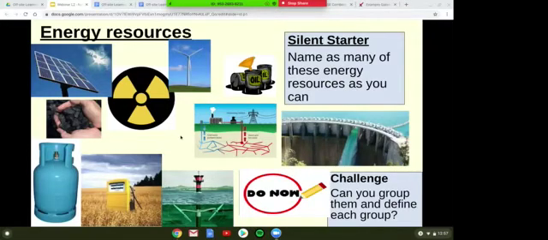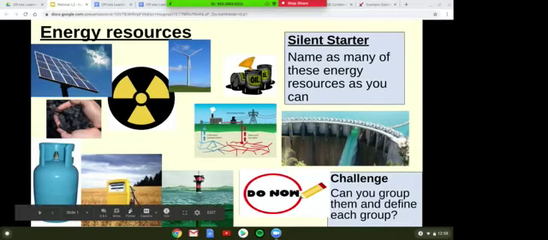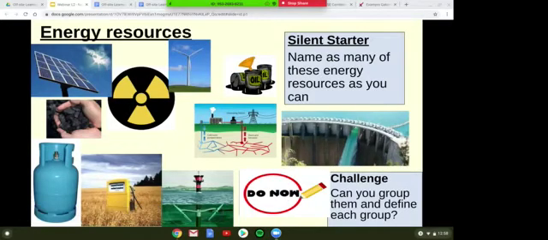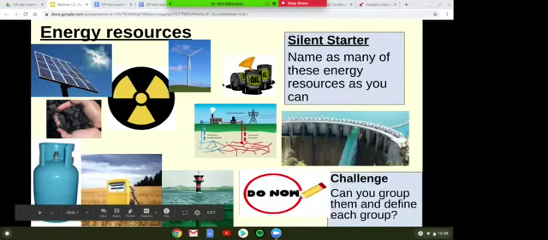What might you call the type of energy resource seen in the top left-hand corner, or the one just below it? There's a challenge question for you there, which will link onto one of our success criteria later in this presentation. Can you group them and define each group? How might you group some of these different energy resources? There are two main types that we might refer to.